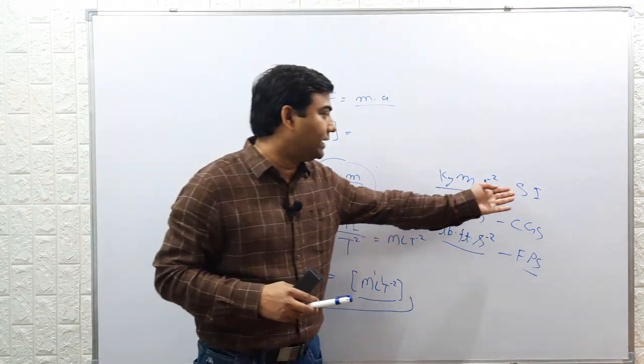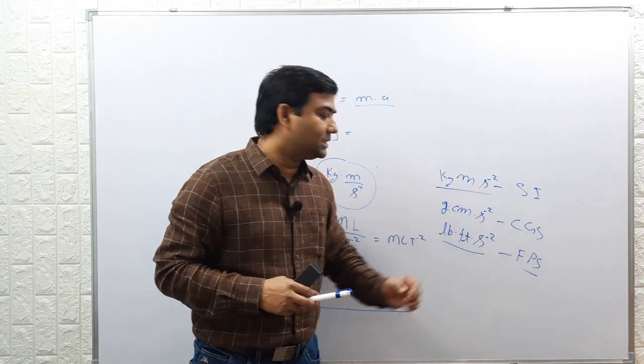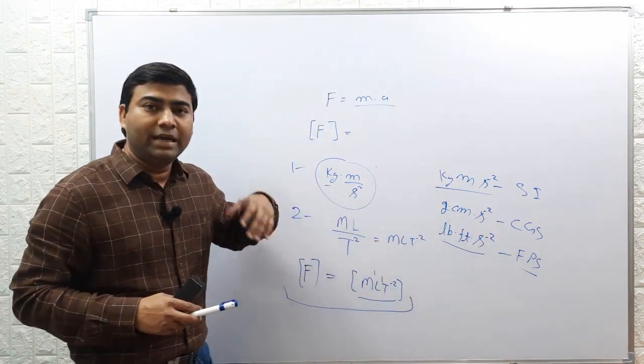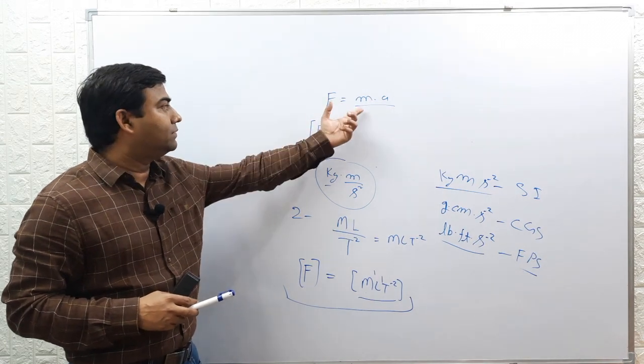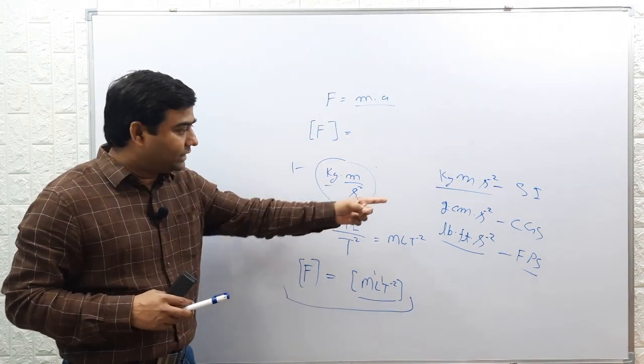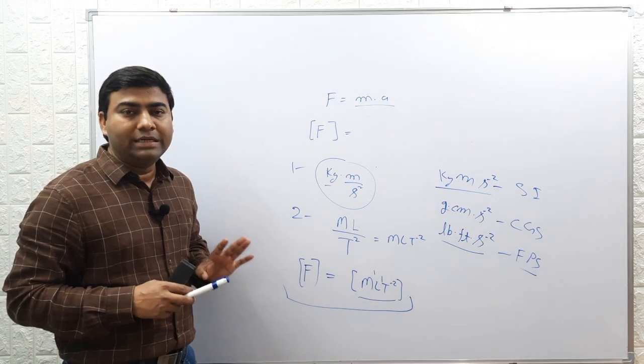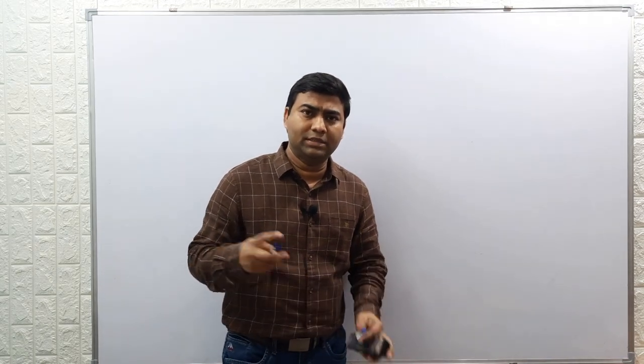That is, either find in the SI system, CGS system, FPS system, any system, you just find the unit of that physical quantity by its formula. After finding the unit, you can easily find the dimensional formula. So we will take some more simple examples of how to find the dimensions.